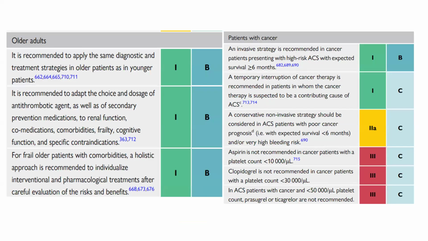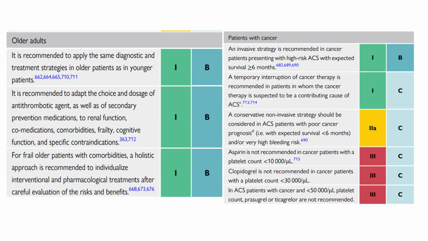In older adults, it's recommended to apply the same diagnostic and treatment strategies as in younger patients, and to consider the renal function, comorbidities, frailty, and cognitive function in managing these patients. And for patients with cancer, we stated if life expectancy is less than 6 months, they don't benefit from the invasive strategy. And you may interrupt anti-cancer therapy if you think it's contributing to the ACS.